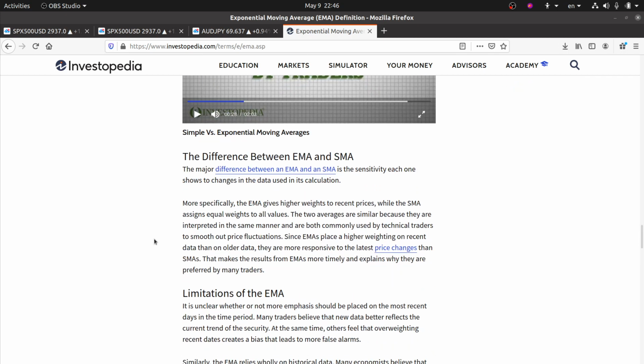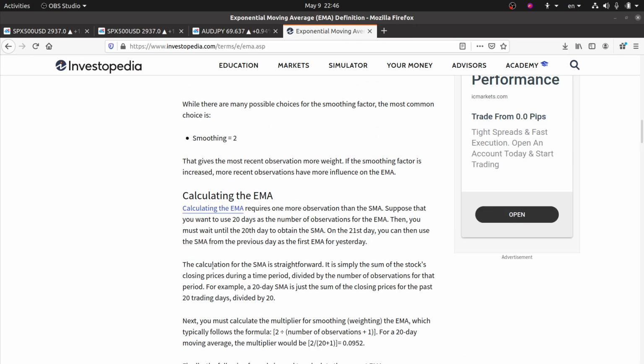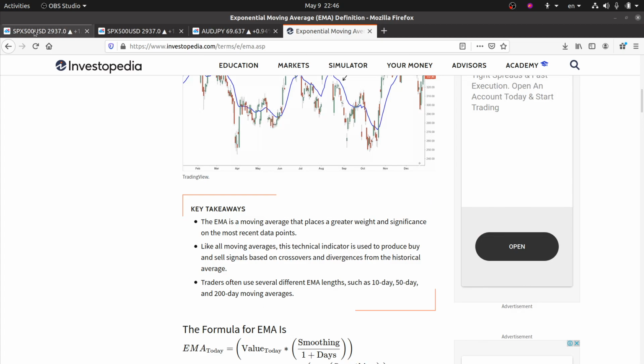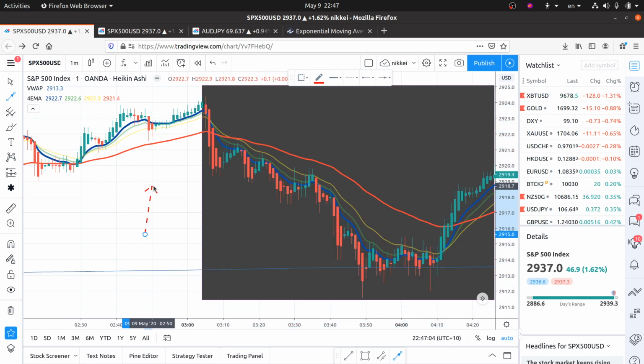averages. So once you have that understanding in place, the next step is to apply it to your trades. Here we've got the SPX 500 futures, and let's say, for example, that you entered a trade about here.